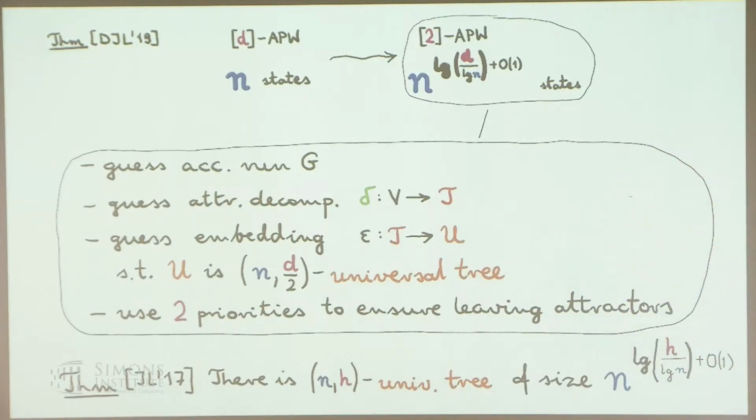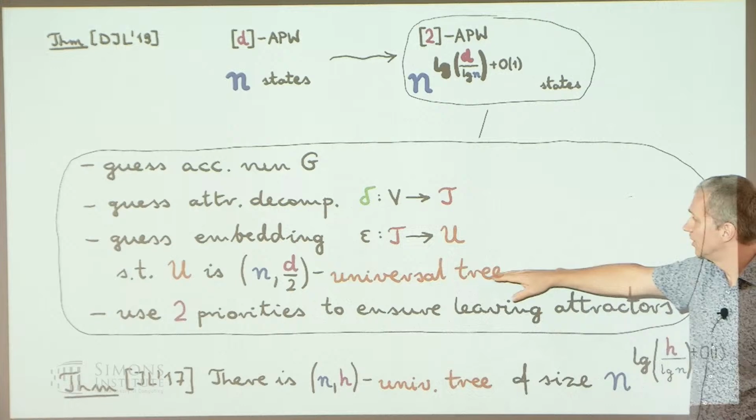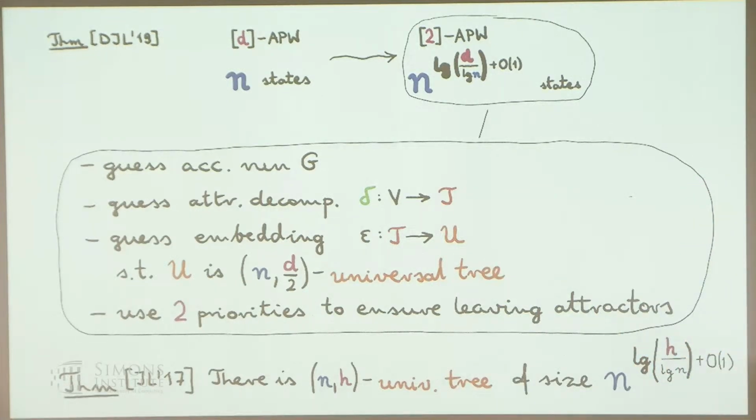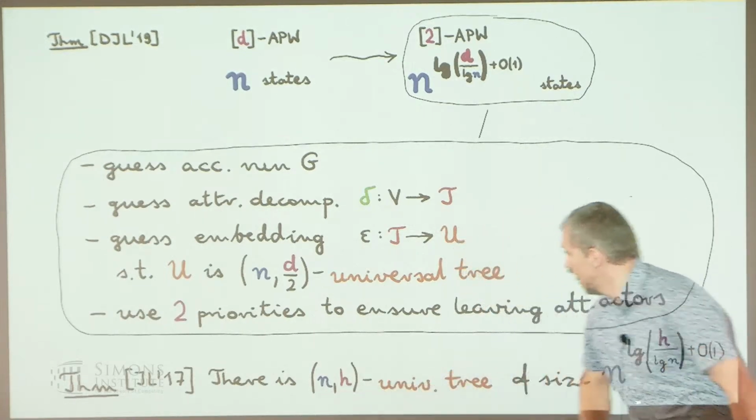Okay, and that's enough. So in a way, the states of the new automaton are states of the old automaton and leaves in such a universal tree. Okay, and then we can use a result which we have proved together with Ranko Lazic earlier, that such n,h universal trees, right?